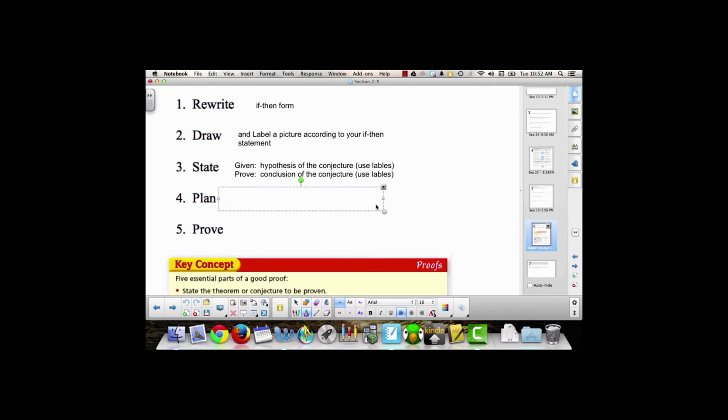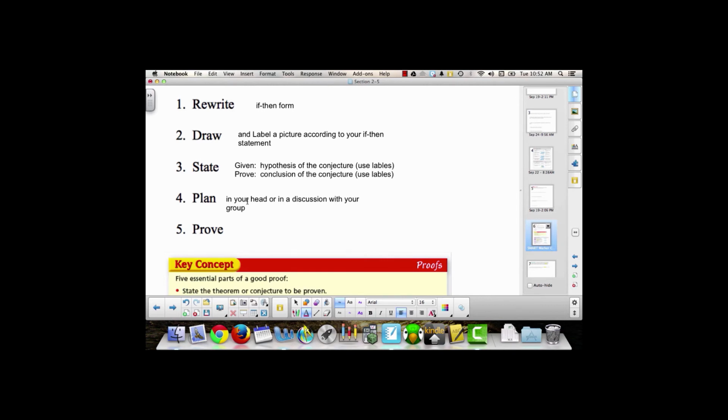Step 4 is plan. This happens in your head or in a discussion with your group. This is where you decide, this is the given information that I have. What can I do with that, and what conclusions can I make to get me to what I'm trying to prove?